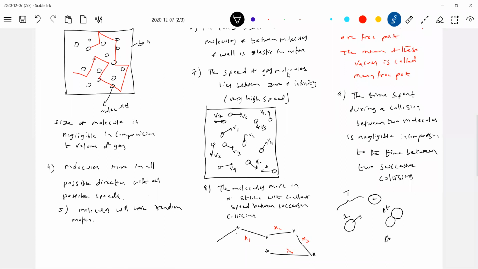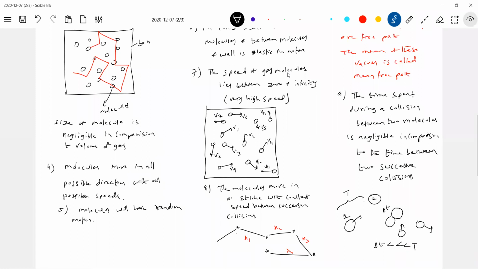After collision, this will move like this. So this delta t is the collision time, and this will be very much less than capital T. So the time taken to move from one point and collide with molecule 2, let it be capital T, and the time interval during collision, let it be delta T. So delta T will be very much less than capital T. I think this is something very important.